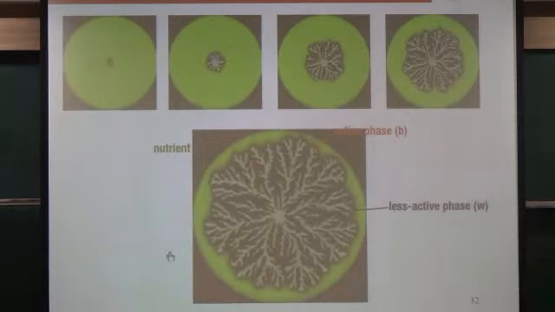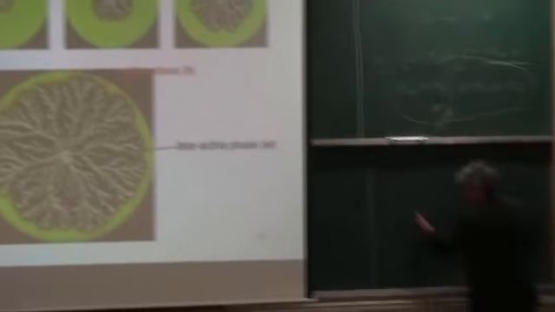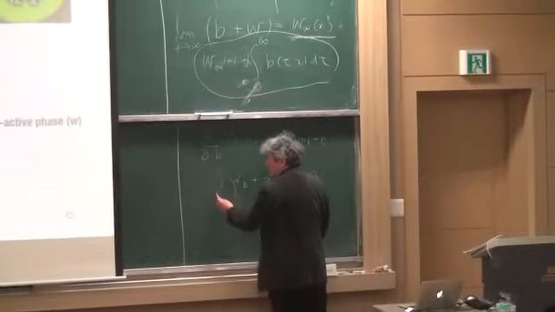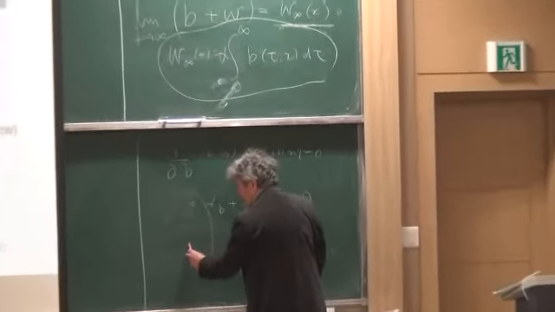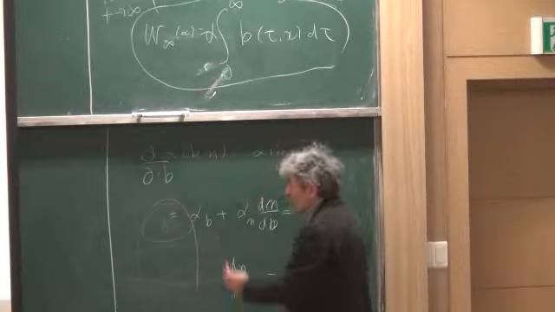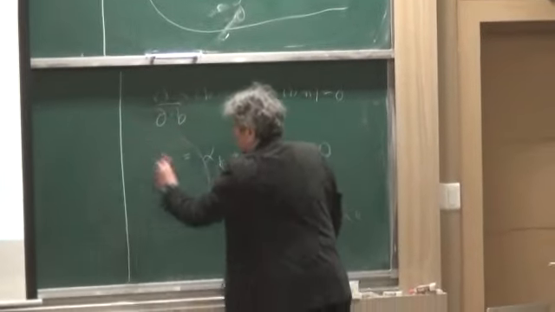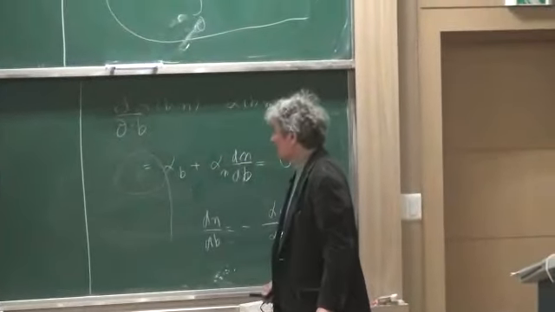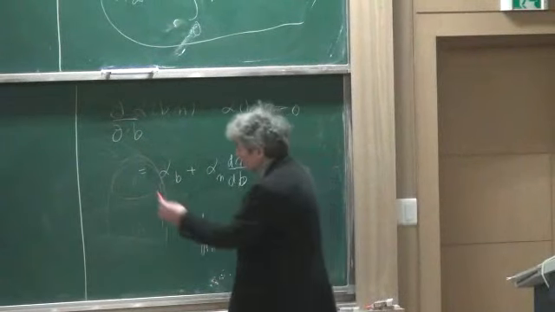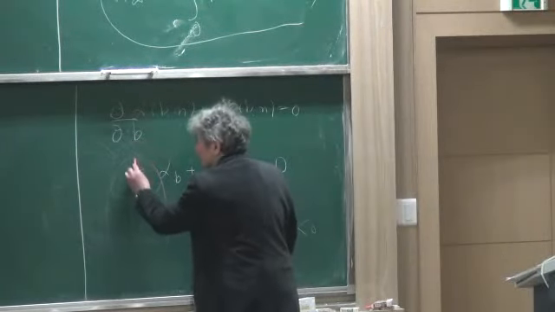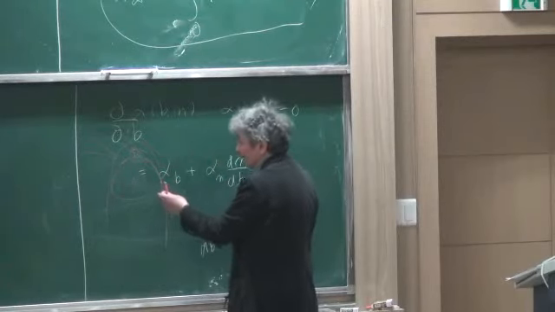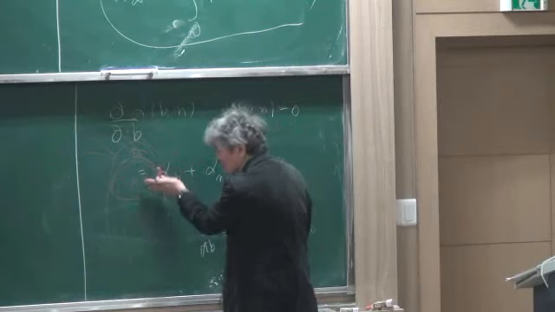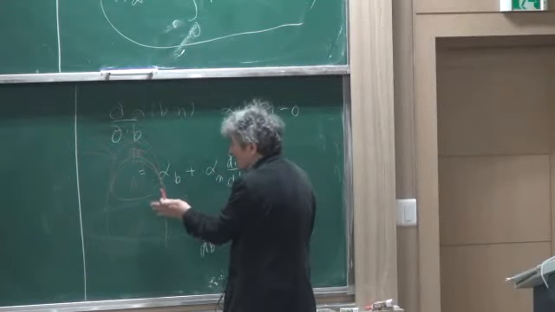Suppose we have it like this. This is the active cells, and this is less active, for instance. And this is a very nice area for nutrient. That's why this is moving this way, and grows. But this is not so good an environment for them, because there is lower nutrient.